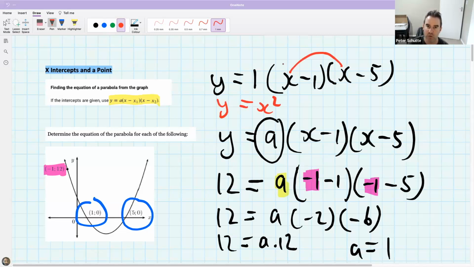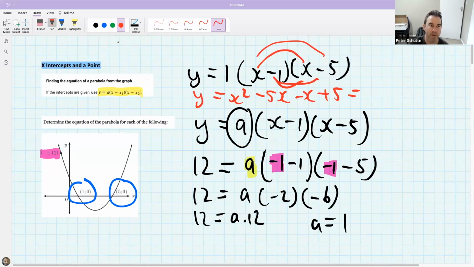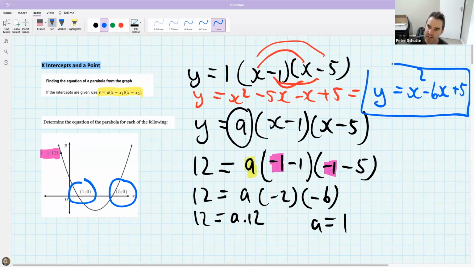So I'm going to get x squared minus 5x minus x plus 5. I know I'm going a little bit quickly, and that simplifies down to y equals x squared minus 6x plus 5. So that is the equation of the parabola that you see over here.